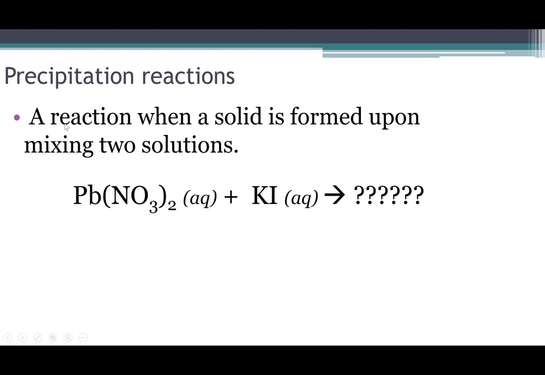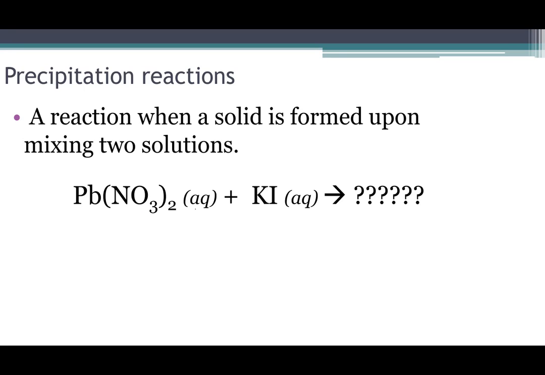So here's what it's going to look like. I would say something like lead nitrate reacts with potassium iodide. Write the balanced chemical equation. So you would have to identify this as a precipitation reaction. A precipitation reaction is when a solid forms upon mixing two aqueous solutions.